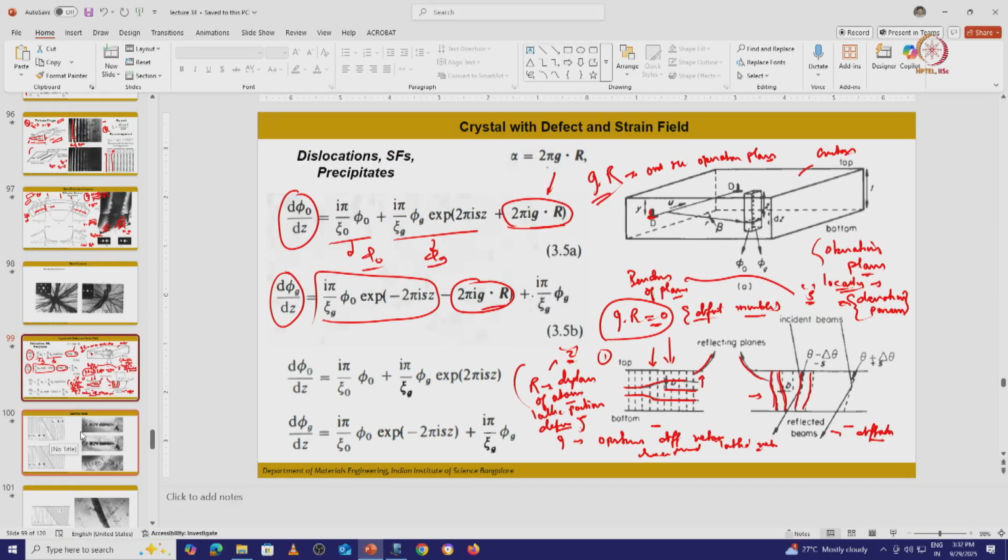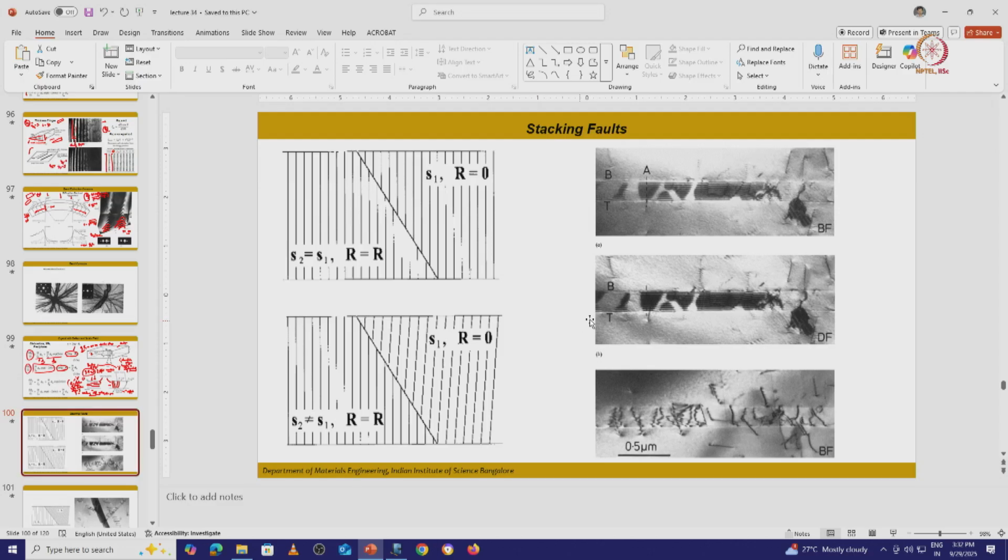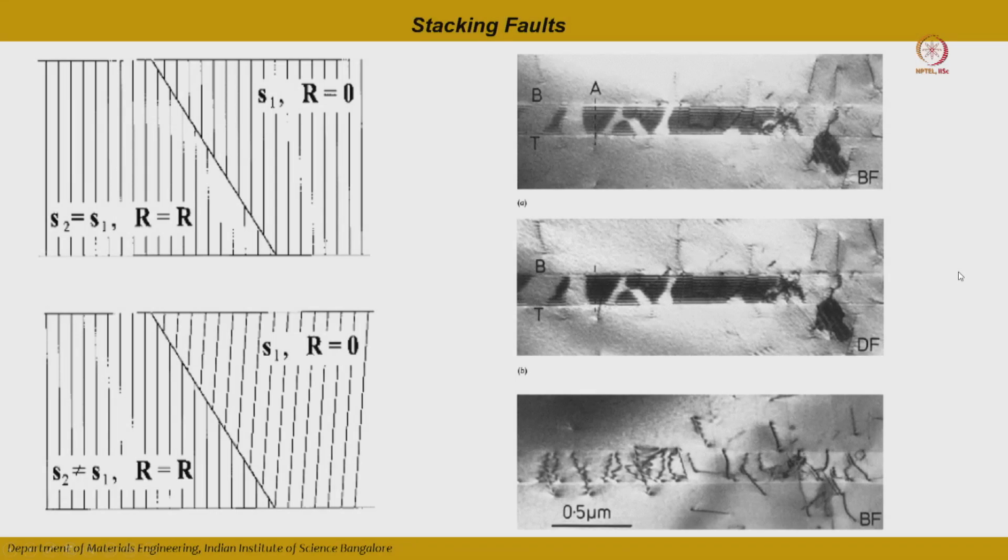Now, I will give you two or three examples of dislocations and also stacking faults. Fine. In the first case, I will talk about the stacking faults, because stacking faults, grain boundaries, and phase boundaries are all present in most of the microstructures.